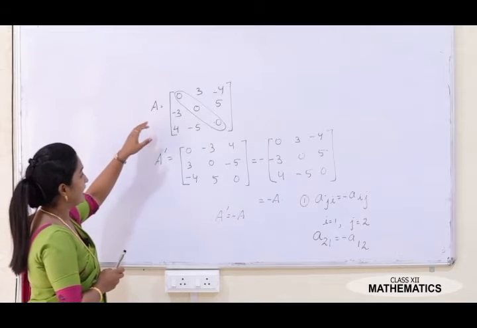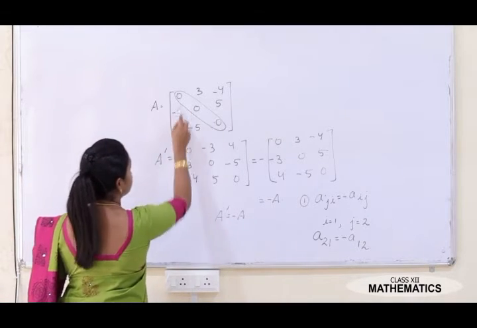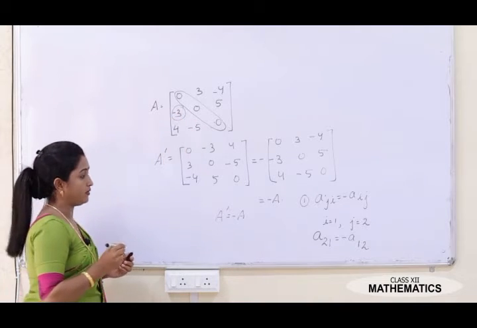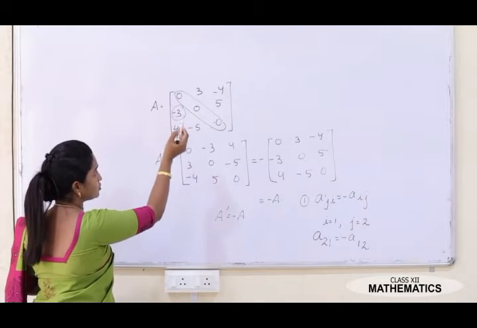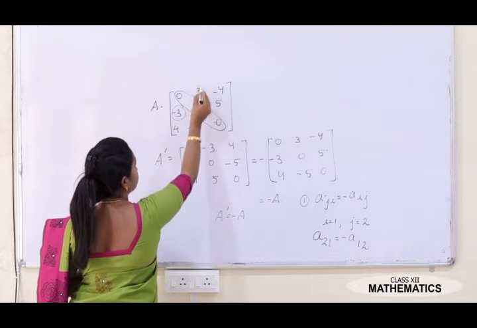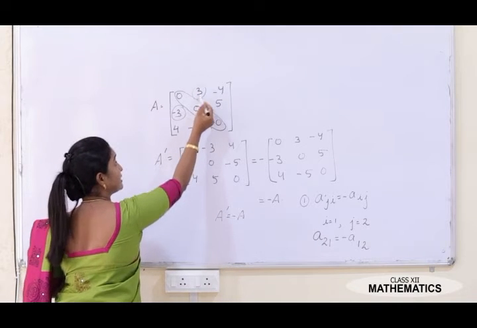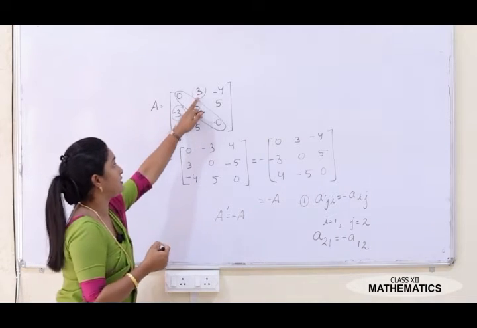What is A21? A21 means second row, first column, that means minus 3. Minus 3 is your A21. Now, A12 means first row, second column. What is this? 3. What is the difference between these two? They both are the same, but the signs are opposite. One is minus 3 and the other is 3.